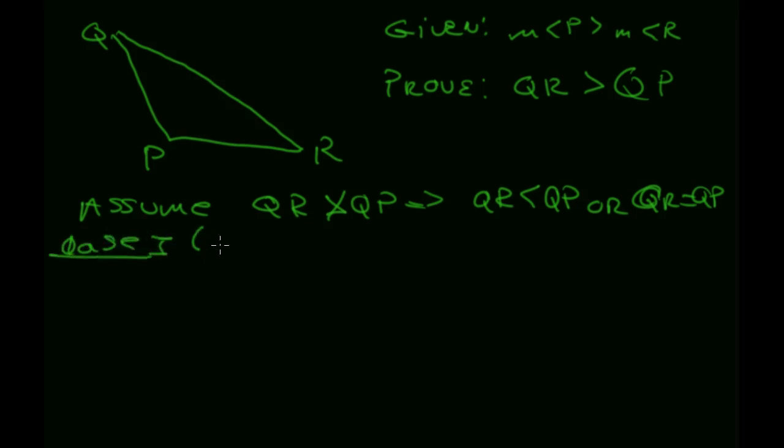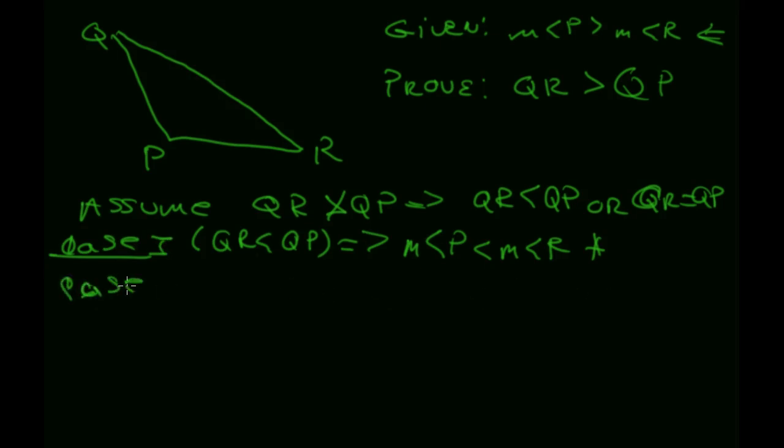Okay, so let's look at case 1. Case 1 is that QR is smaller than QP. This means that from the last theorem, if QR is smaller than QP, then the measure of angle P would have to be smaller than the measure of angle R, but that's a contradiction. That contradicts our given. Our given says the opposite, so that cannot be true.